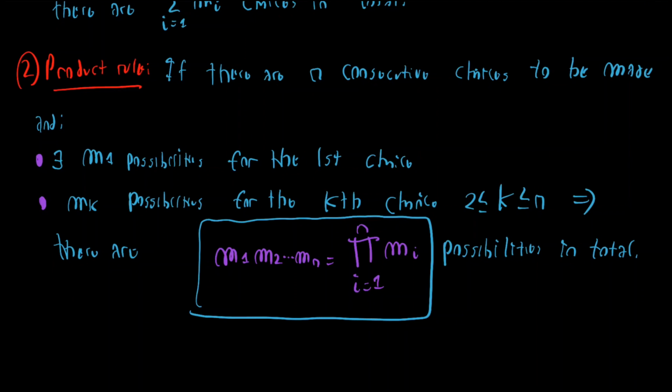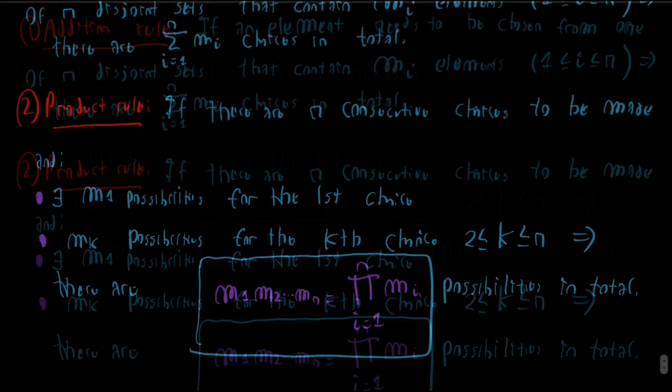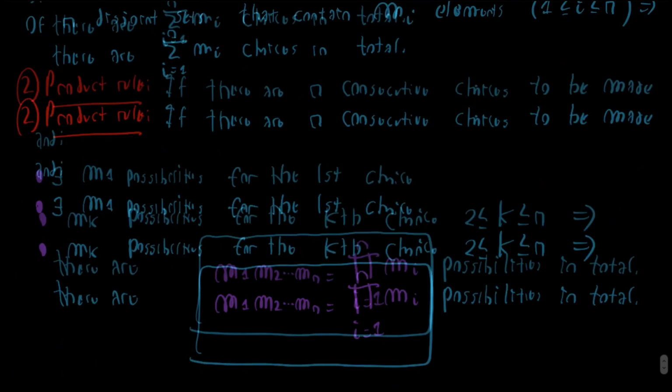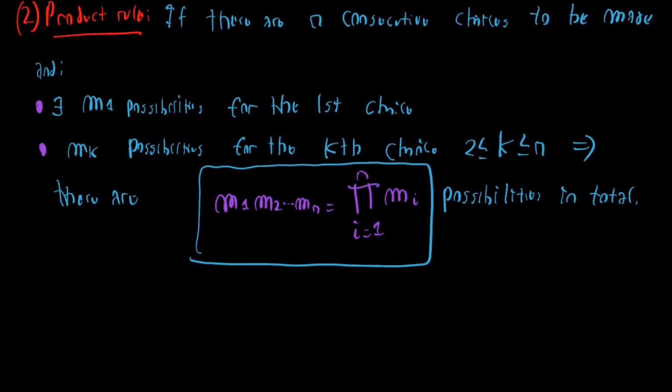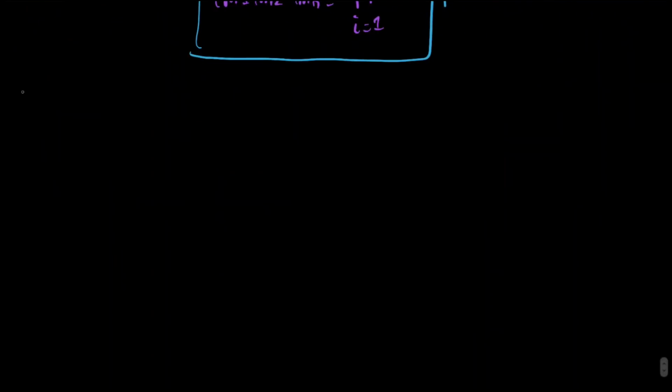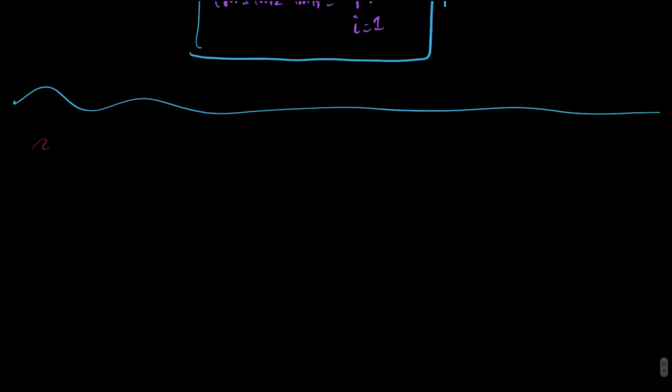And then you might ask, how do we prove the assertion that we made before about the number of permutations of a finite set? Well, the proof is very simple using the product rule. So let's state the theorem.